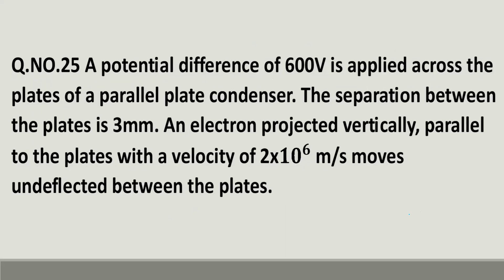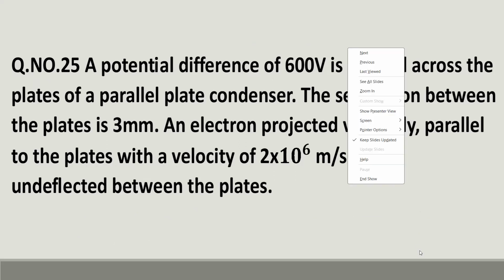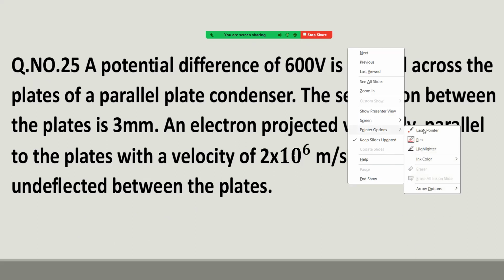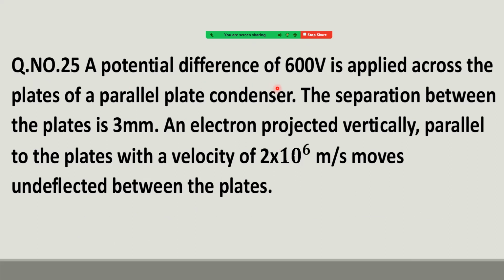Let's see the question given. A potential difference of 600 volt is applied across the plates of a parallel plate condenser. The separation between the plates is 3 mm. An electron projected parallel to the plates with a velocity 2 × 10^6 meter per second moves undeflected between the plates.